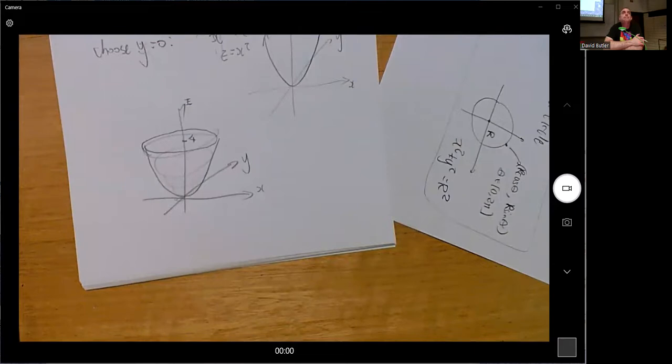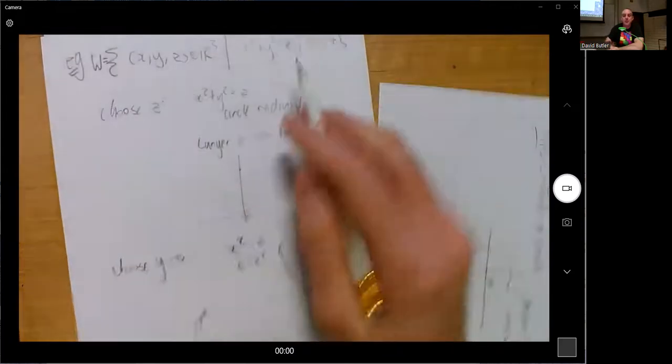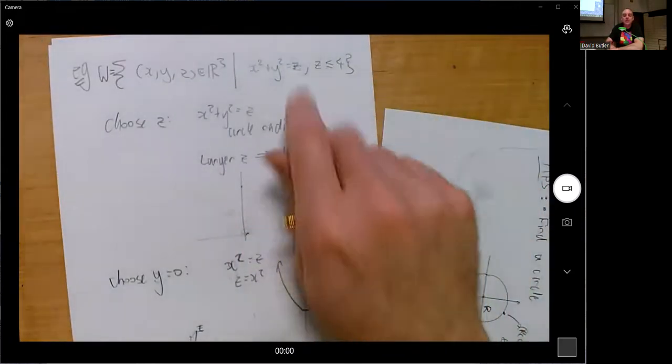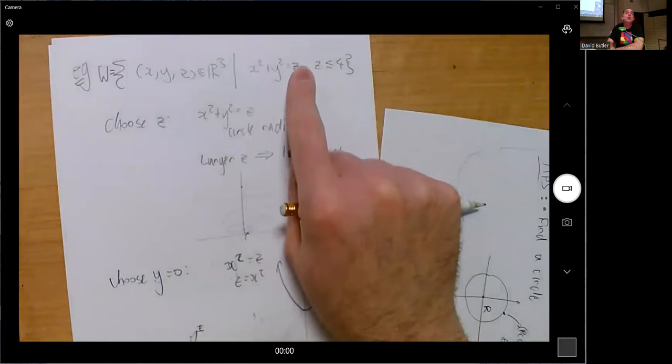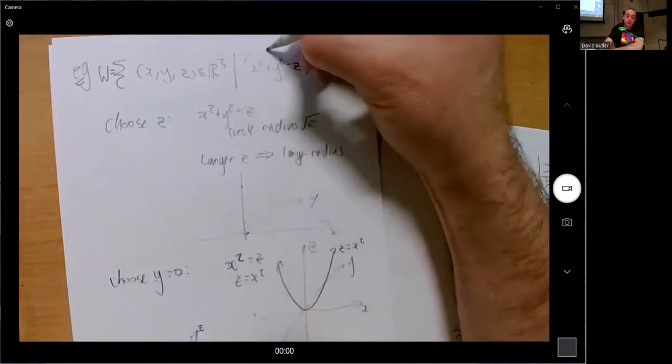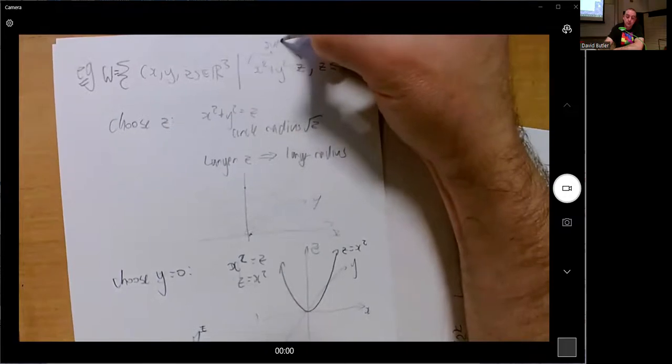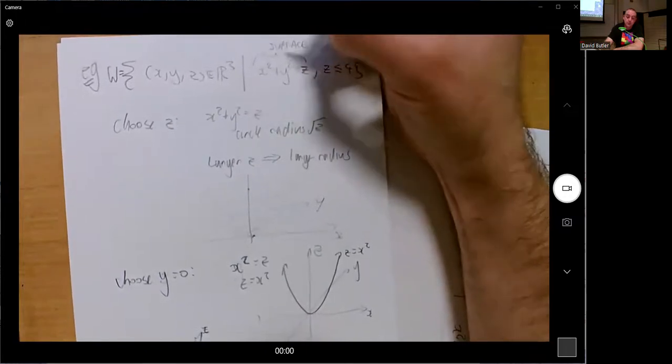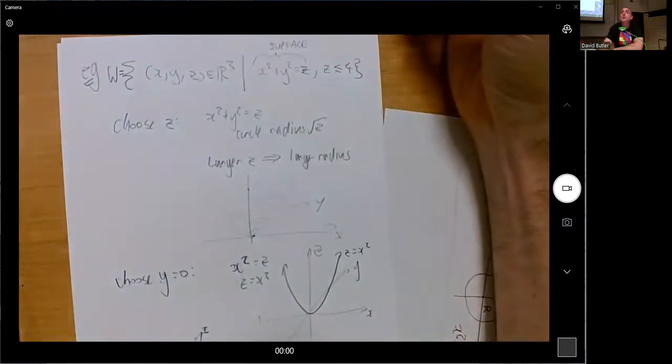Yep. It's a surface because there is a single equation here, and you have to satisfy that equation in order to be on this object. And one equation in 3D causes a surface. So it's definitely a surface. Two equations in 3D would cause a curve usually.